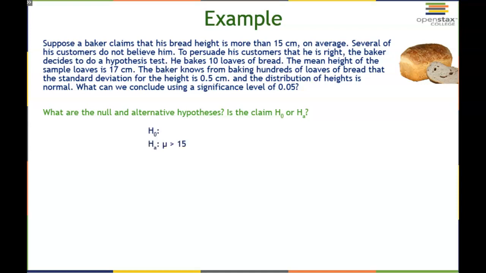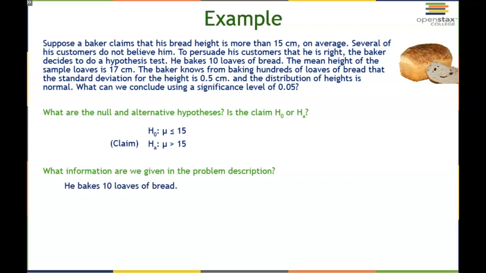Our claim is an HA, but we can't ignore building an H0. So the very opposite of greater than is less than or equal to. So H0 is mu is less than or equal to 15, HA is mu is greater than 15, and HA is our claim.